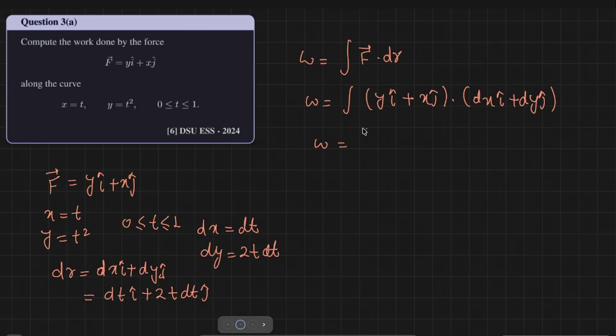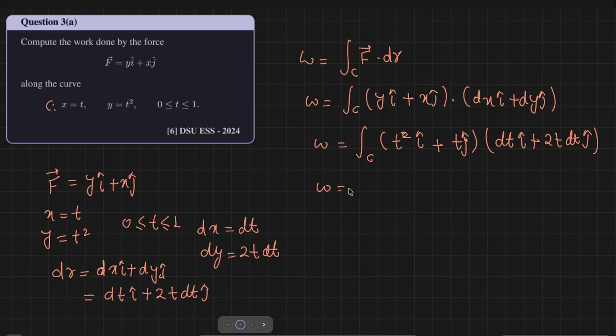Okay, so the w is limit along the curve C. Let's say this is C curve given. Write down like this. So from here what is the value of y is t square. So you write down t square i cap plus it is t j cap, and this is dt i cap plus 2t dt j cap.